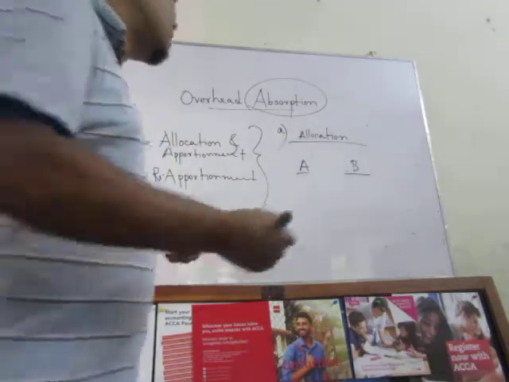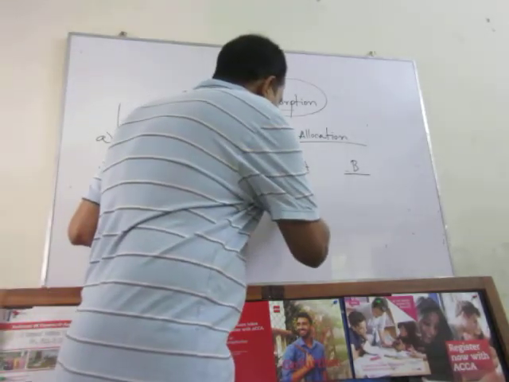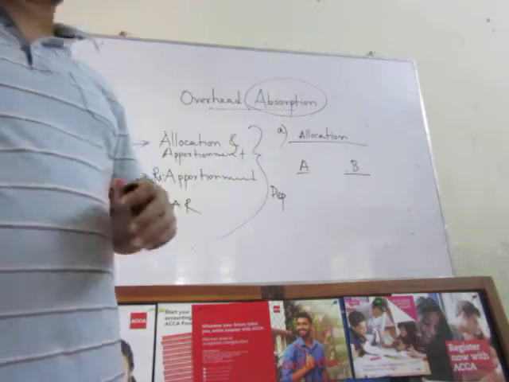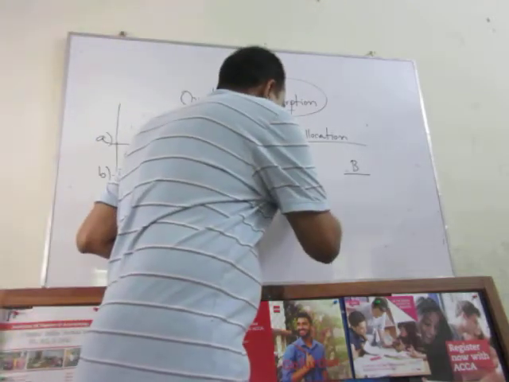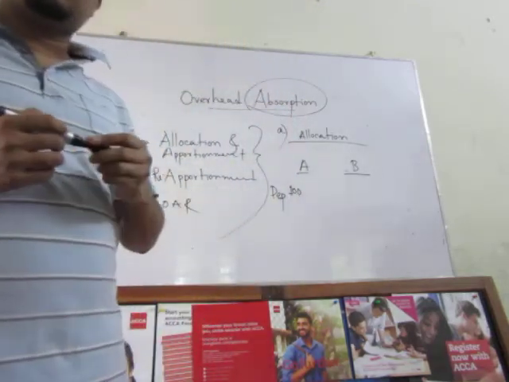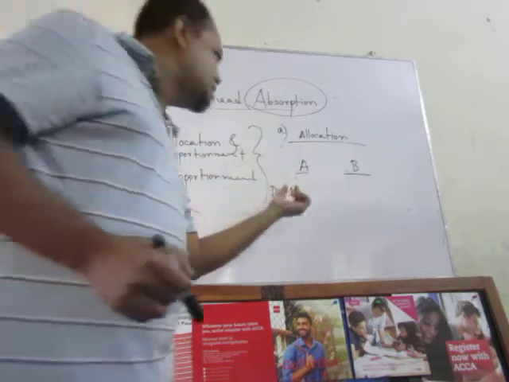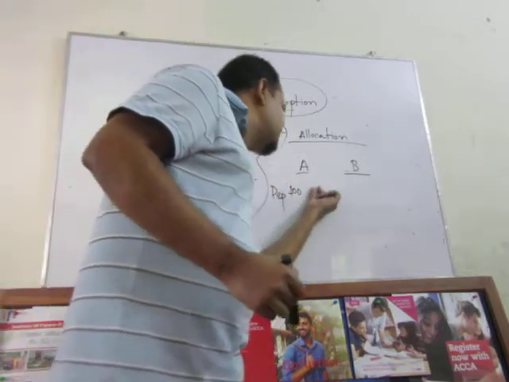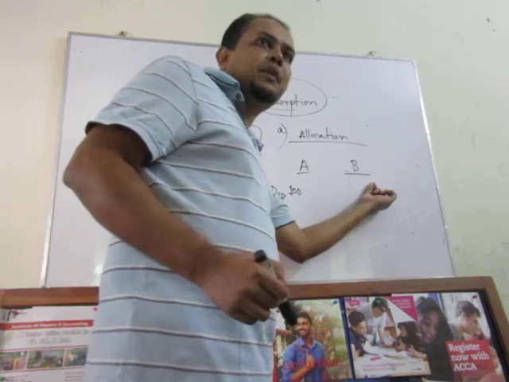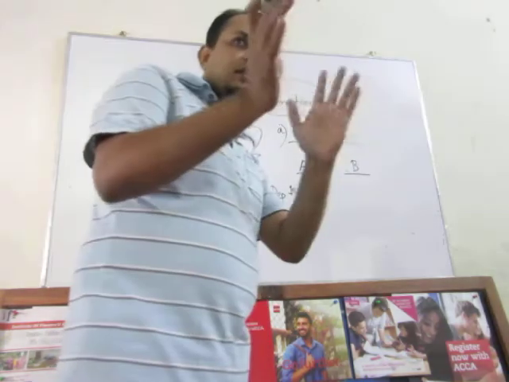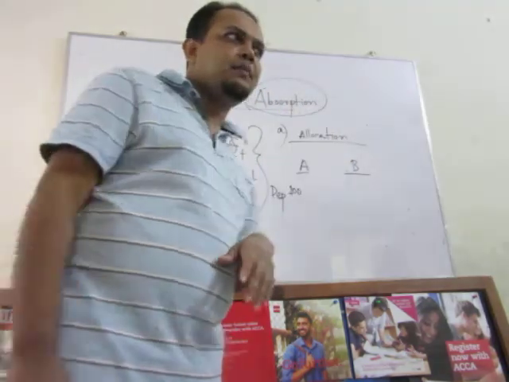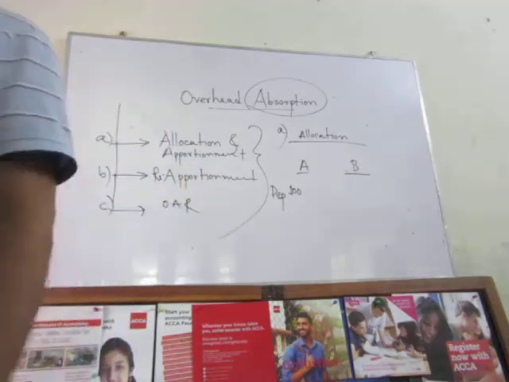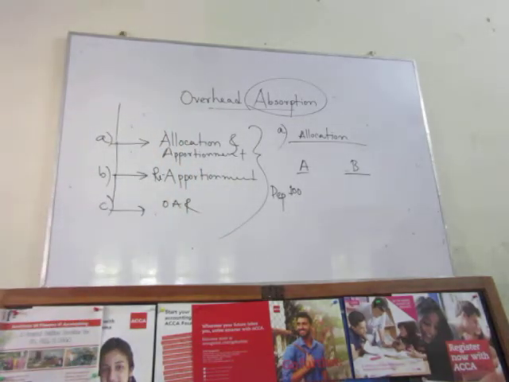As for example, think about depreciation. Suppose the total depreciation of your company is $100. You need to charge this total depreciation to this department and this department. So obviously there should be some specific kind of measurement, which is called the basis of distribution.